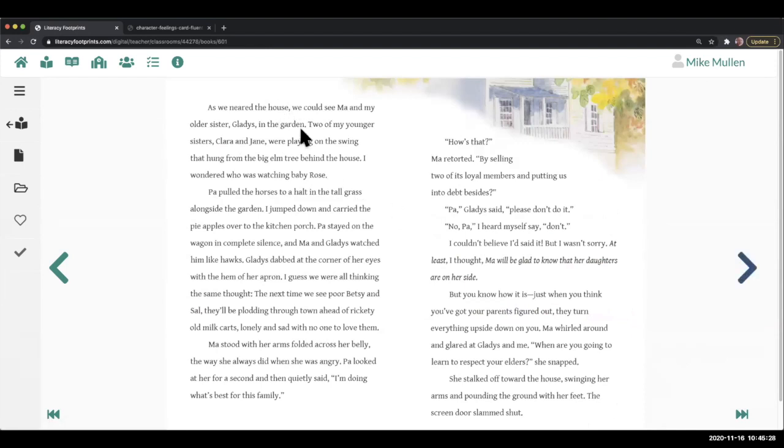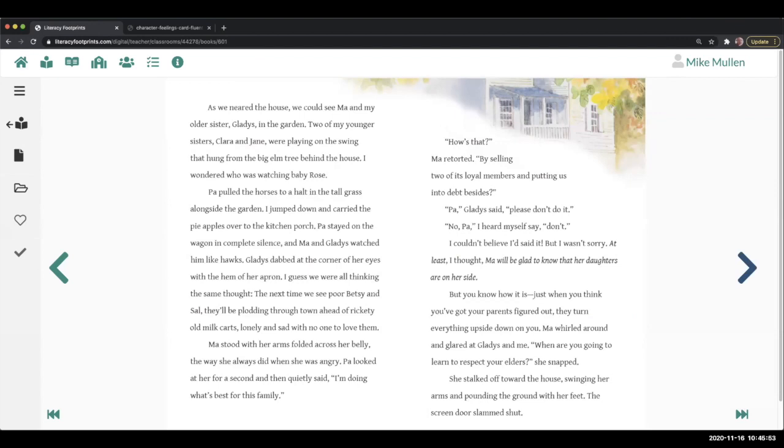As we neared the house, we could see Ma and my older sister Gladys in the garden. Two of my younger sisters, Claire and Jane, were playing on the swing that hung from the big elm tree behind the house. I wondered who was watching baby Rose. Paul pulled the horse to a halt in the tall grass alongside the garden. I jumped down and carried the pie apples over to the kitchen porch.